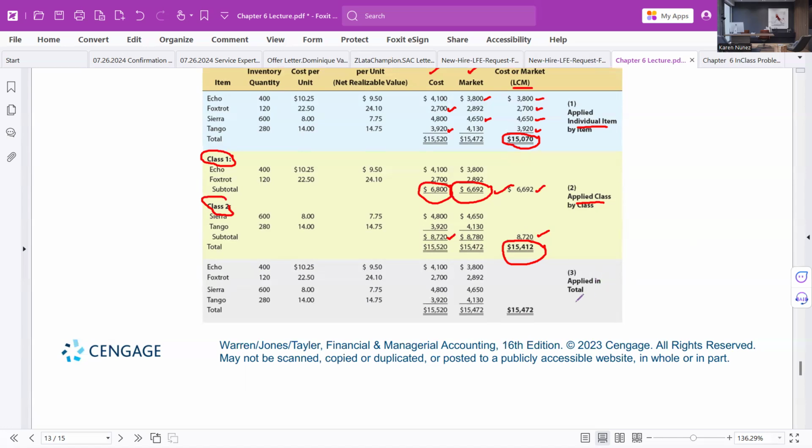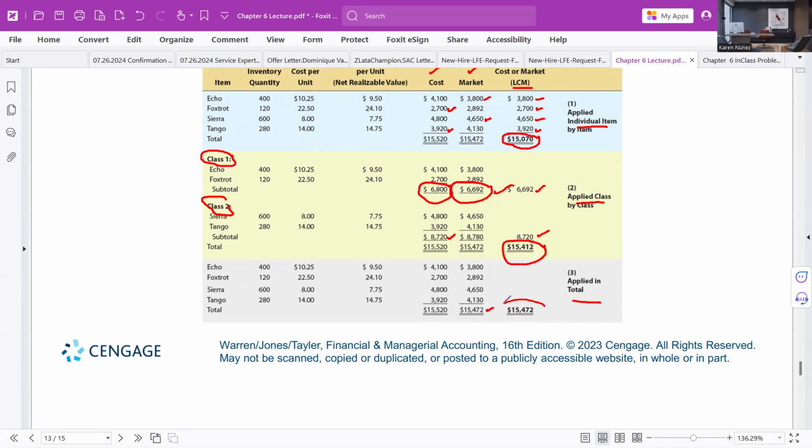And then the third option is just apply it to inventory in total. So we have the sum of all the costs for the 4 products here, 15,520. We have the sum of all the market values for the 4 products. And the lower of the two is the market of 15,407.